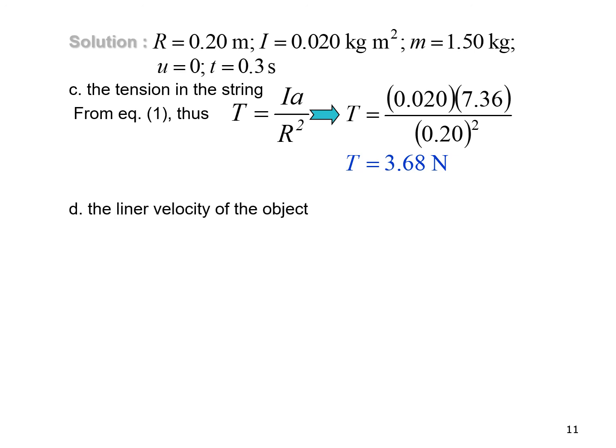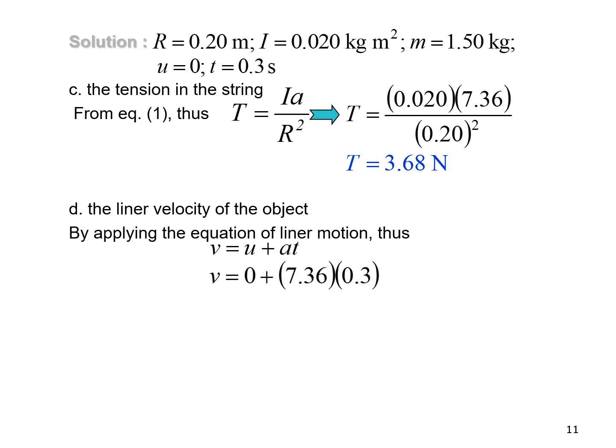And then for the linear velocity, we need to refer to the equations of linear motion. Let's say we use the equation v equivalent to u plus at. If the object starts from rest, and t is given as 0.3 second, find the final velocity: 2.21. The direction will be downward.